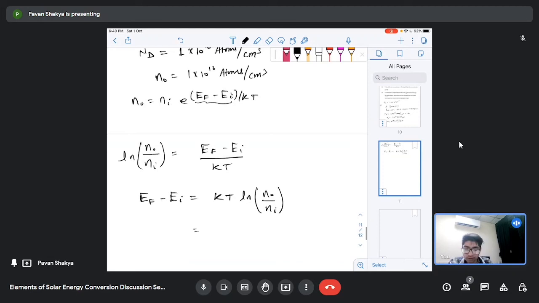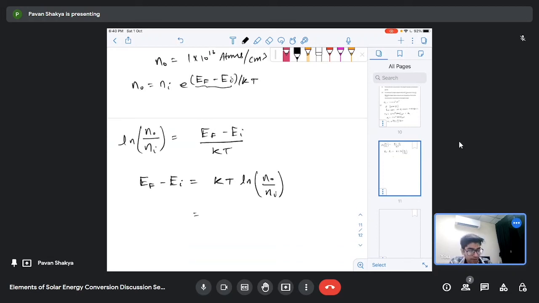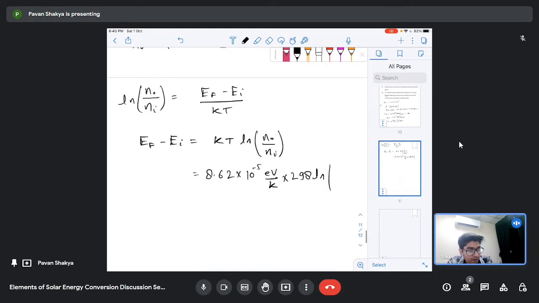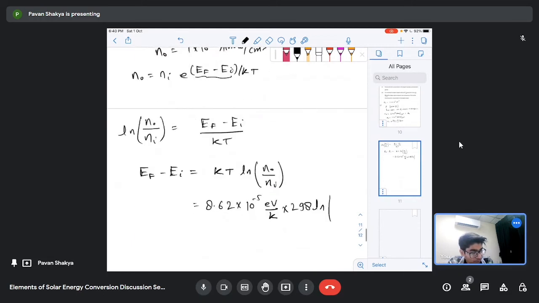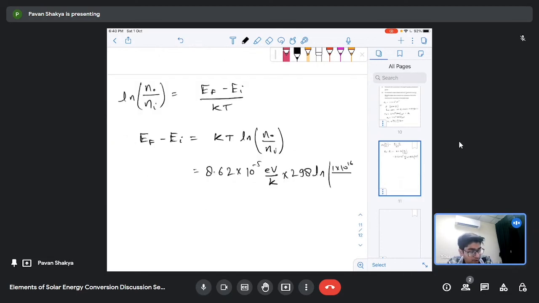Now we can put the values for k, T, n naught and Ni. The k value is 8.62 into 10 to the power minus 5 electron volt per Kelvin, and the temperature value will be 298, and in the ln the value for n naught is given as 1 into 10 to the power 16, divided by Ni, that is 1.5 into 10 to the power 10.